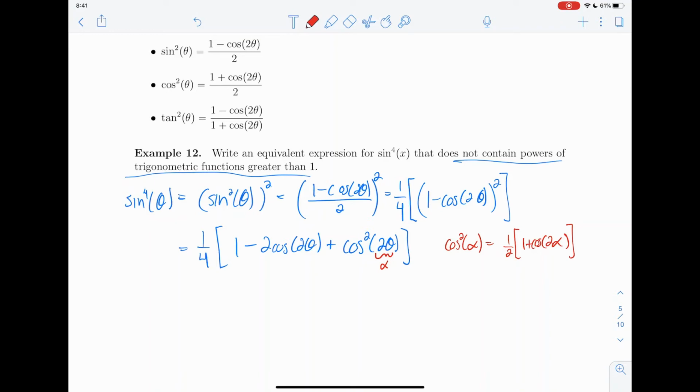Now, the important and interesting observation is that this alpha is actually 2 theta. So when I rewrite cosine squared of 2 theta, I'm going to rewrite it as 1/2 times 1 plus cosine of not 2 alpha, but since alpha is 2 theta, it's going to be 2 times 2 theta. And that's going to be 4 theta.